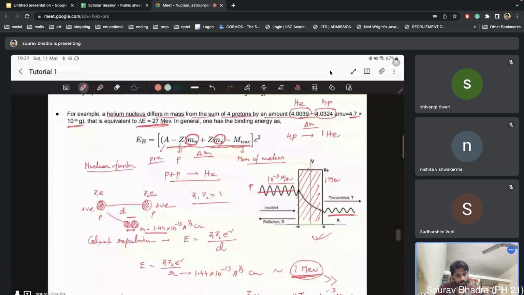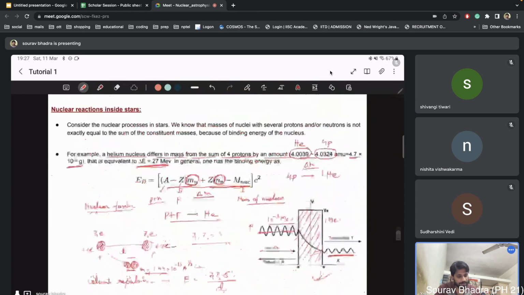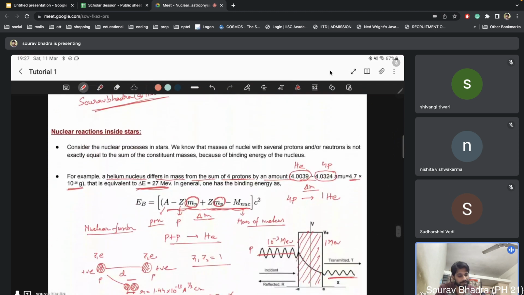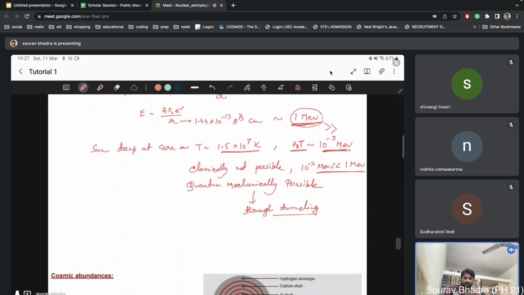Now, as I calculated the free fall time of the sun, how much time the sun will survive when the nuclear reaction ends, now we will calculate another small thing.